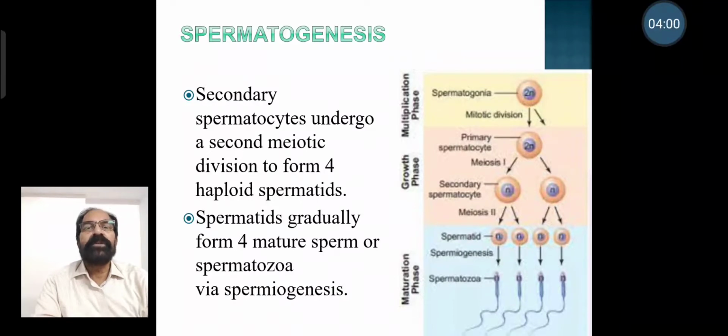The secondary spermatocytes undergo a second meiotic division to form 4 haploid spermatids. Spermatids gradually form 4 mature sperm or spermatozoa via spermiogenesis.